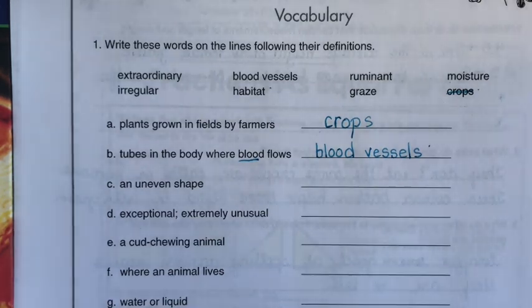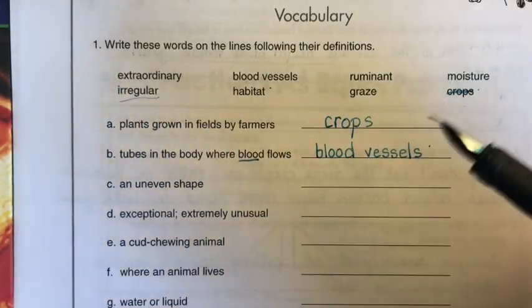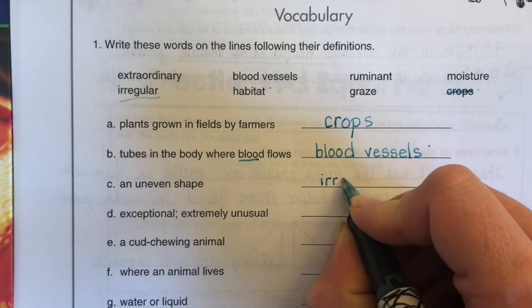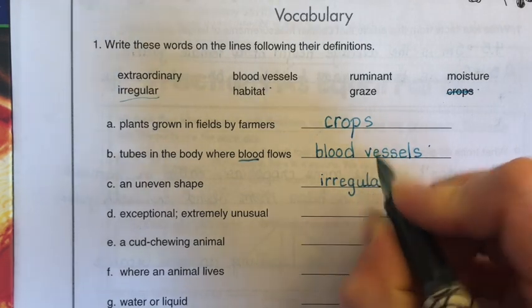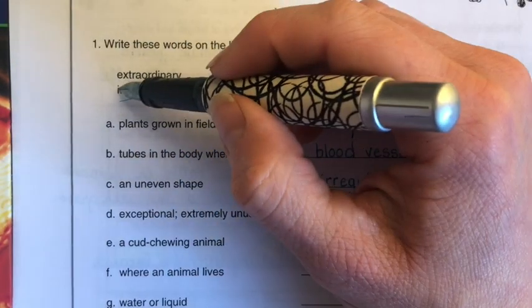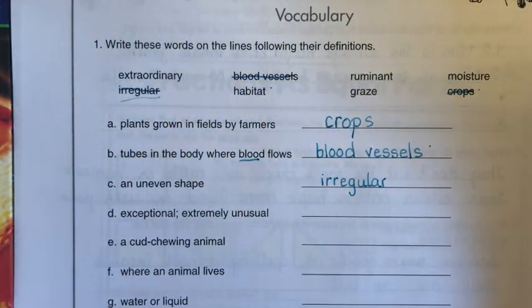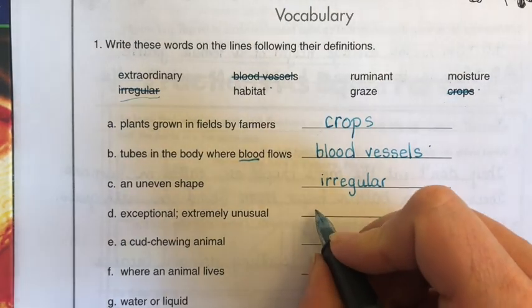All right, C, an uneven shape. So looking here, which one seems uneven or irregular? I-R-E-G-U-L-A-R. Okay, uneven shape. I'm going to cross out irregular because I did that one. I'm going to cross out blood vessels because we've used that one. Now I'm going to move on to exceptional, extremely unusual. Well, extraordinary.